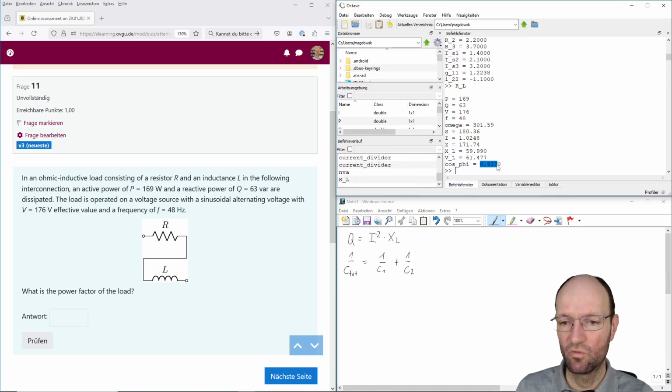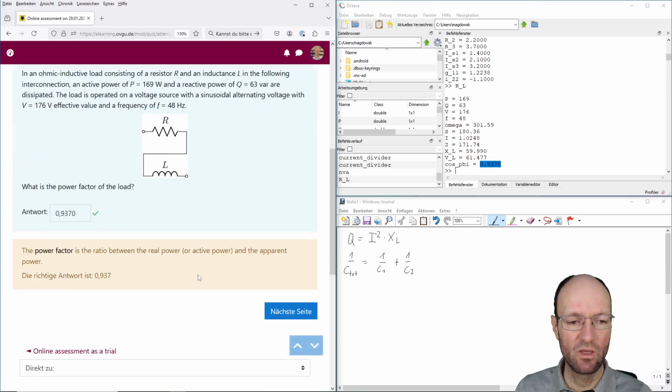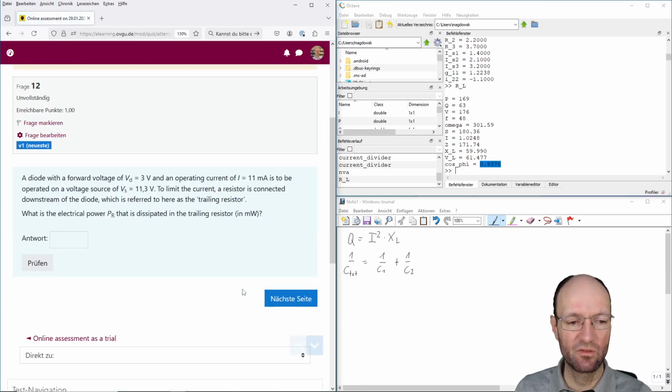And this should be our power factor. This also is reasonable because we have much more active power than reactive power, so it's kind of close to 1. Okay, that's correct.